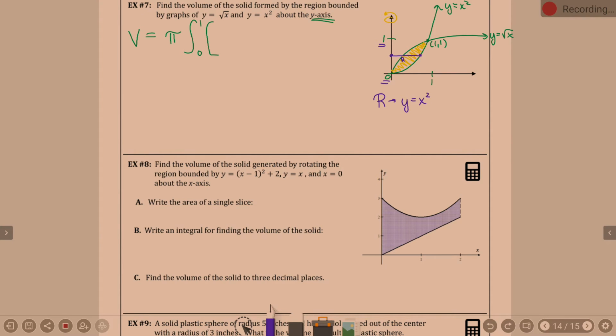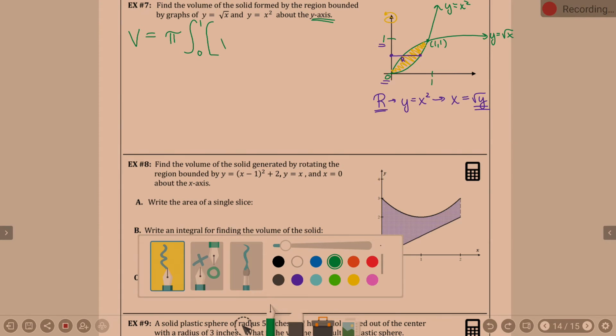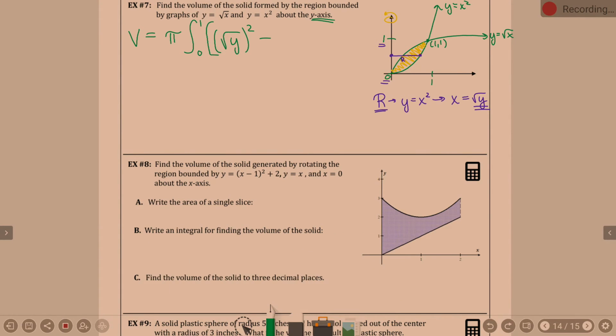Now what's the other catch that I just realized I haven't done yet? We're integrating in terms of what? In terms of y. So I need to know what this is when it's x equals. And so x equals square root of y. So my big R is going to be square root of y. So it's going to be square root of y quantity squared minus, what's little r?